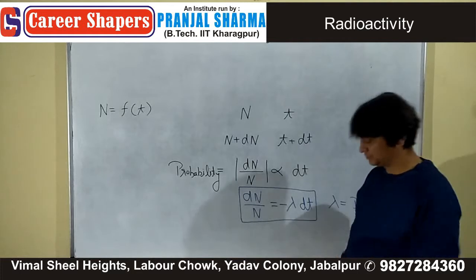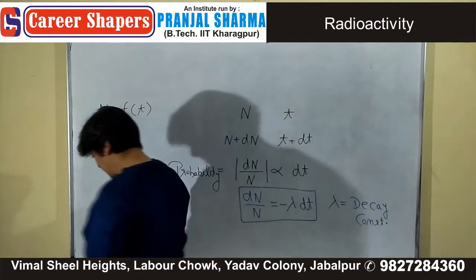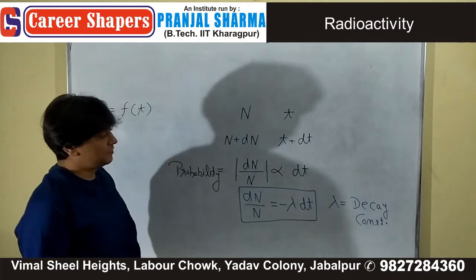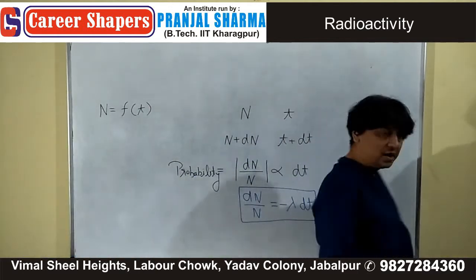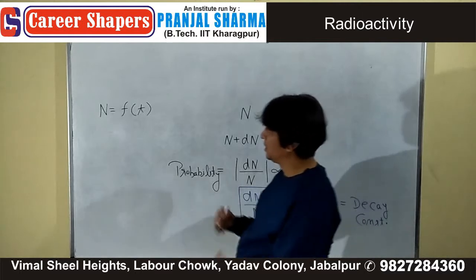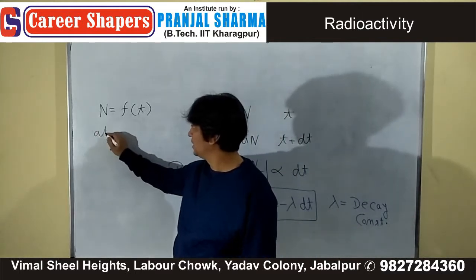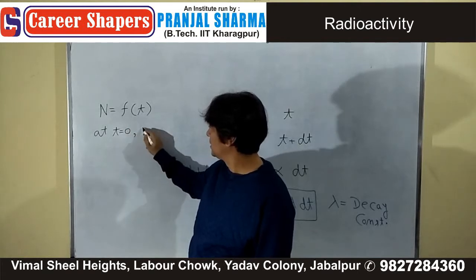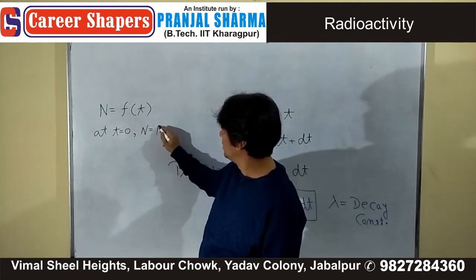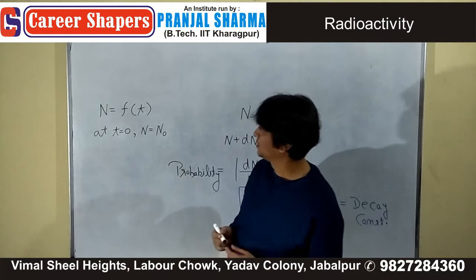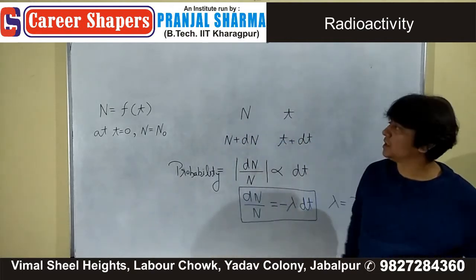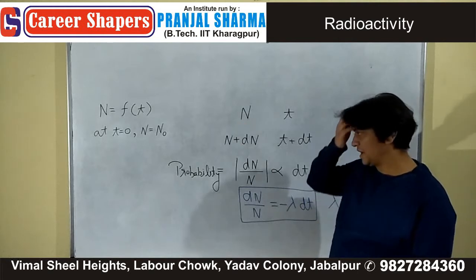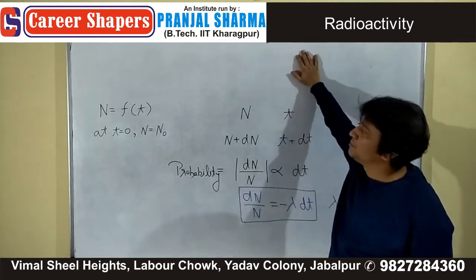Write down the question. If initially the number of nuclides is N naught, then find out the number of active nuclides at time t.